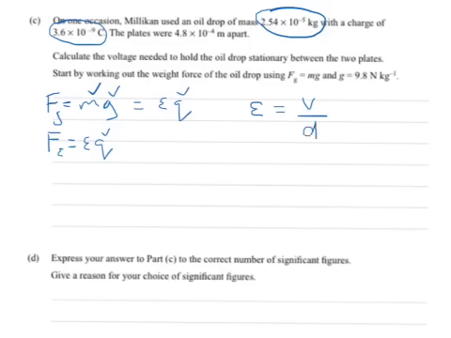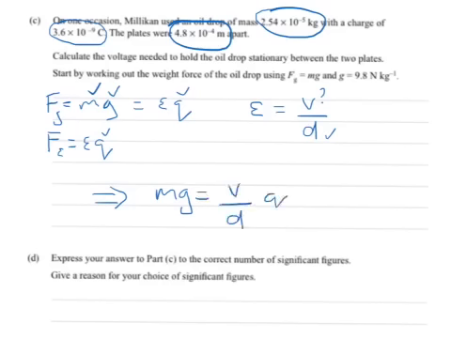We're trying to find the voltage, and we're told the plates are a particular distance apart, so we have D. Putting this all together into one equation, we have mg equals V over D times Q. We're trying to find V, so we'll rearrange that to be V equals mgd divided by Q.